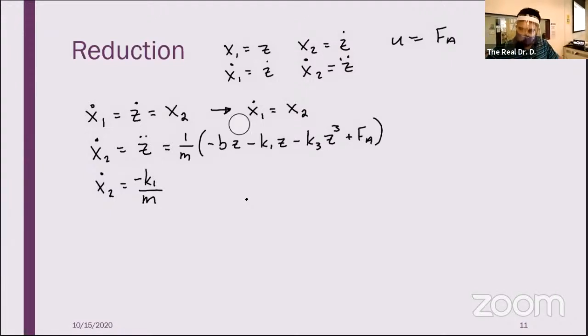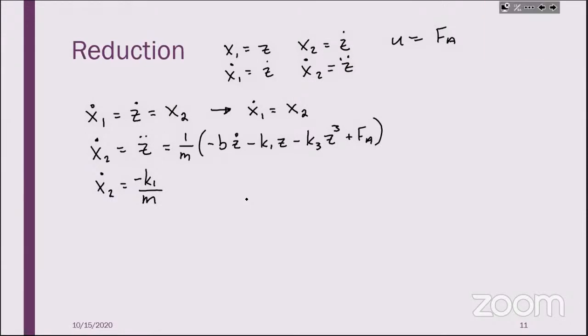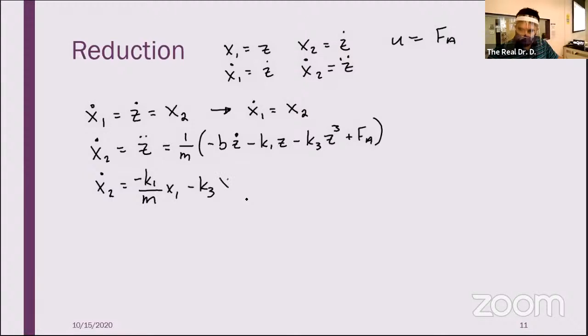That shouldn't be a dot. No, that is, sorry. X1 minus K3 X1 cubed minus B X2, these are over M, plus 1 over M times the input.